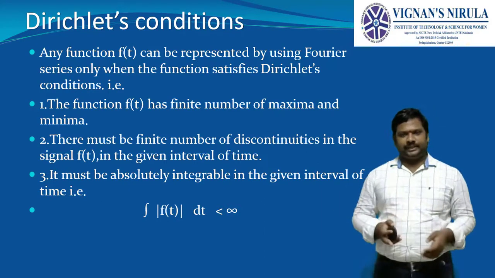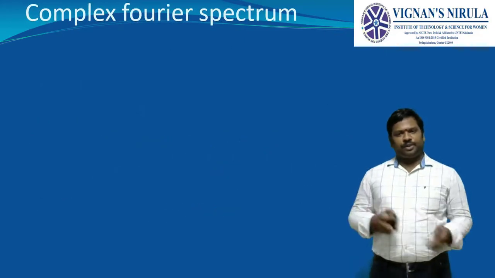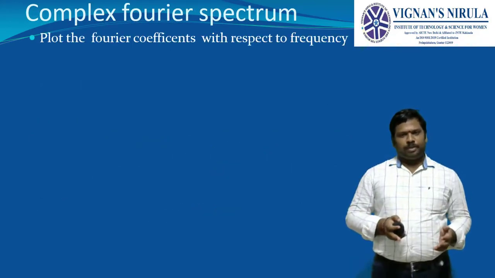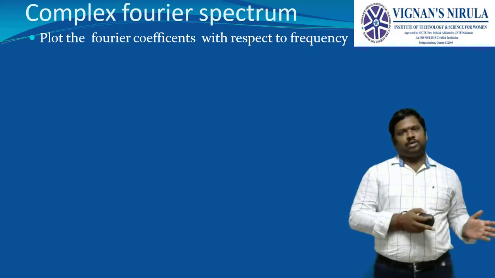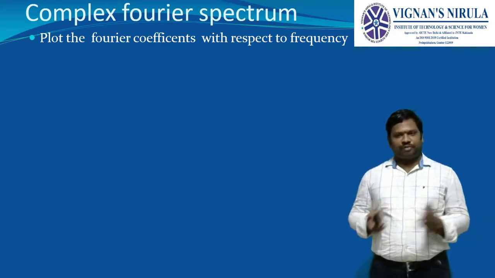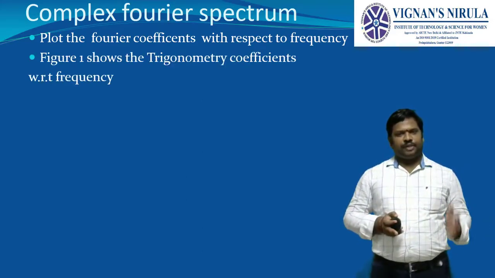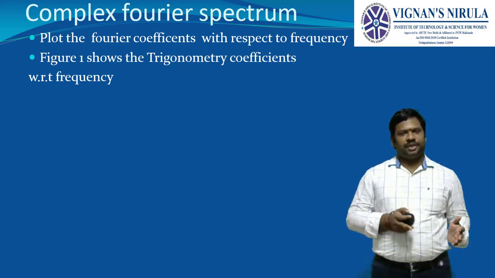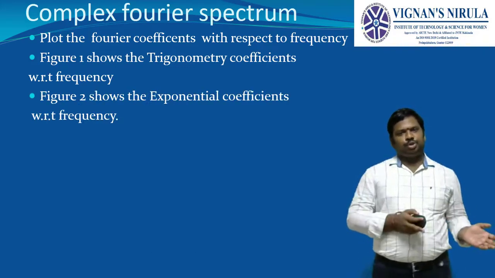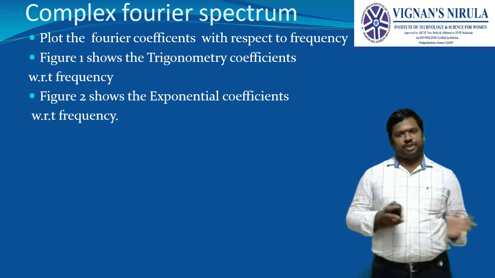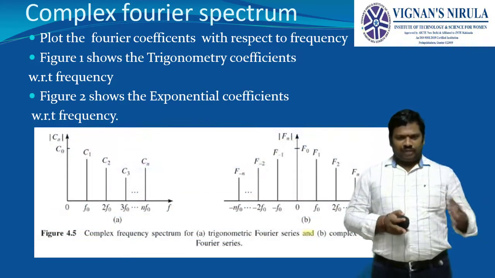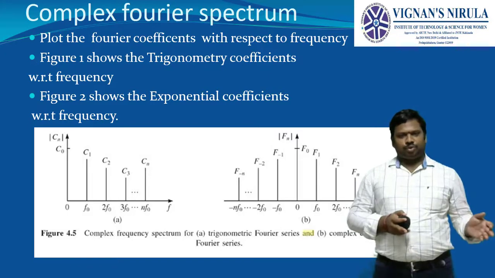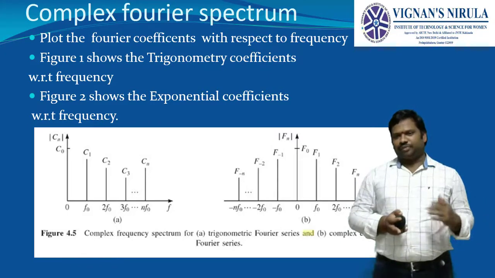Similarly, the complex Fourier spectrum. In the complex Fourier spectrum, we plot the Fourier coefficients with respect to the frequency. Figure 1 shows the trigonometric Fourier coefficients with respect to the frequency, and figure 2 shows the exponential Fourier coefficients with respect to the frequency. In the first one, on the y-axis we take the magnitude of Cn with respect to the frequency.